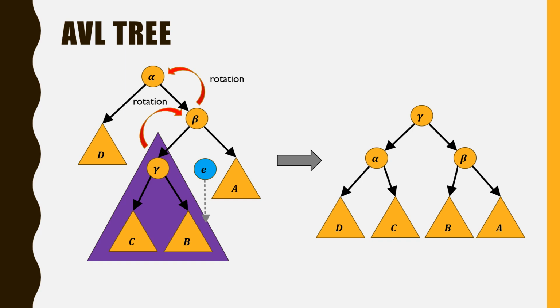That is, we perform a clockwise rotation between gamma and beta, followed by an anti-clockwise rotation between gamma and alpha. After double rotation, gamma becomes the new parent of alpha and beta. Alpha becomes the new parent of D and C, and beta becomes the new parent of B and A.